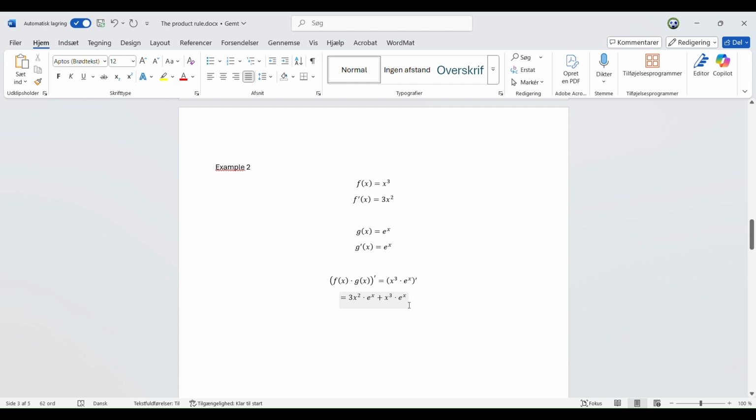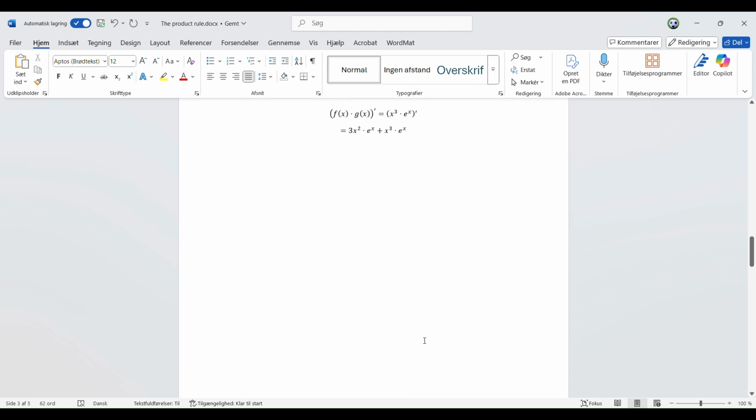We just put it in here. Maybe we could reduce this expression a little bit, but that would be our final expression if wanting to find the first order derivative of this product of these two functions.